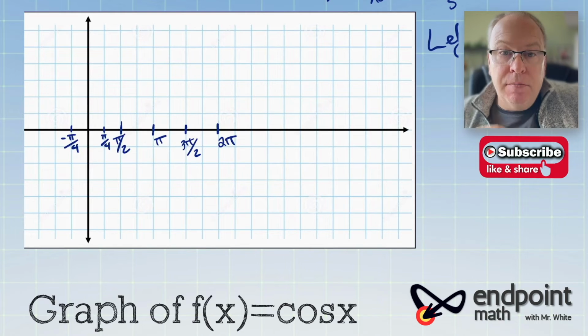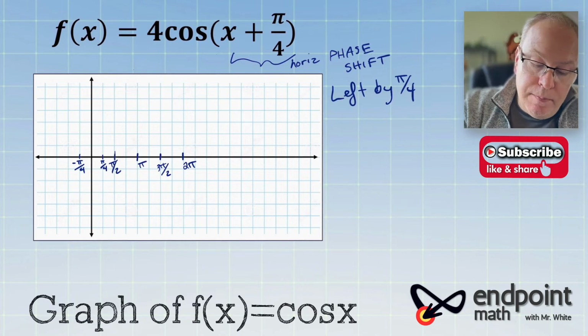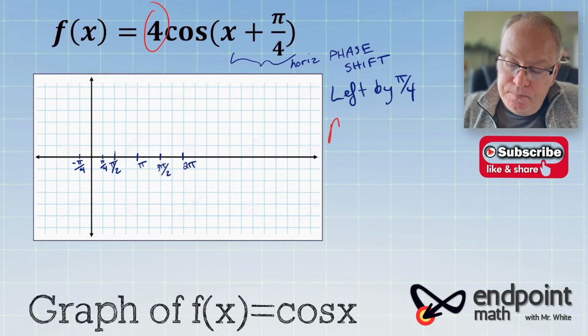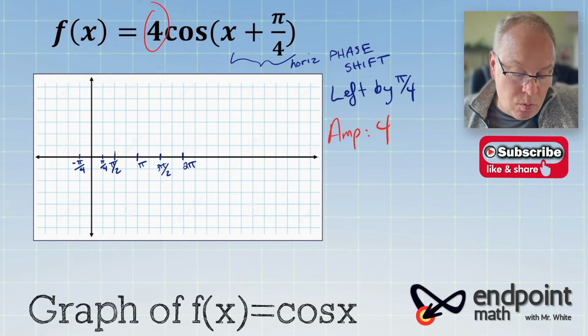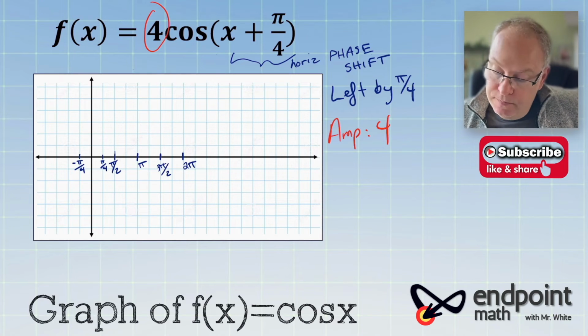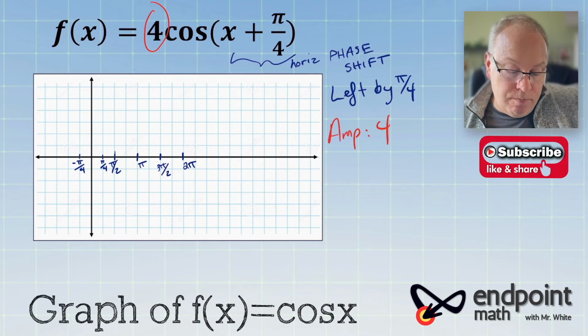You got to make sure your blocks work out nice and even, a good even spacing. Now the amplitude is 4. There is no vertical shift. We haven't had one of those in a while, but that's okay. We're just trying to understand what all these different numbers do. I have a feeling in the last couple examples, I'll have a whole bunch of things mixed in.